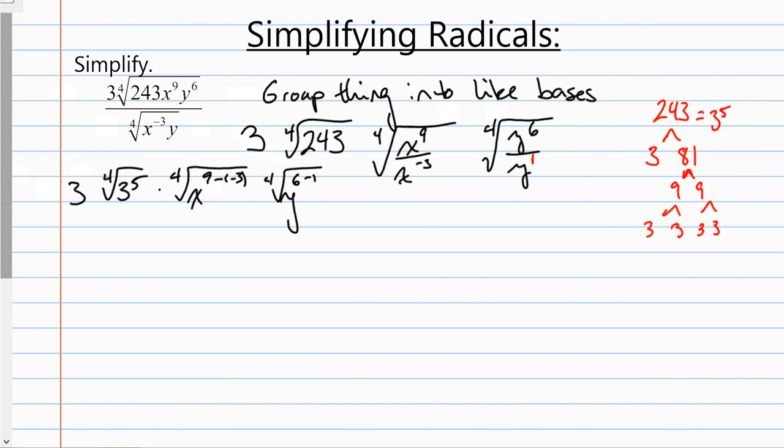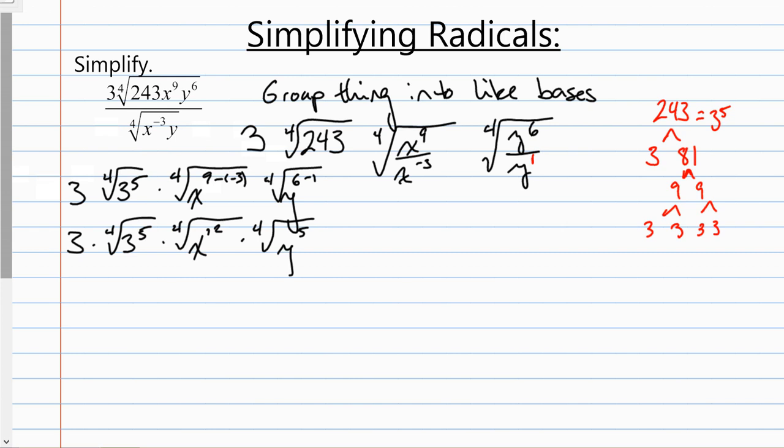And so before I do any simplifying of the radicals themselves, I just want to simplify these exponents really quick. So 3 times the 4th root of 3 to the 5th times the 4th root of x. 9 minus -3 is positive 12. And I have the 4th root of y. 6 minus 1 is 5.